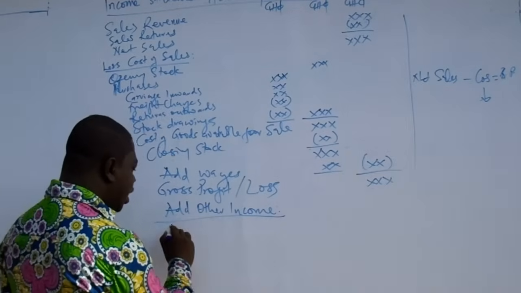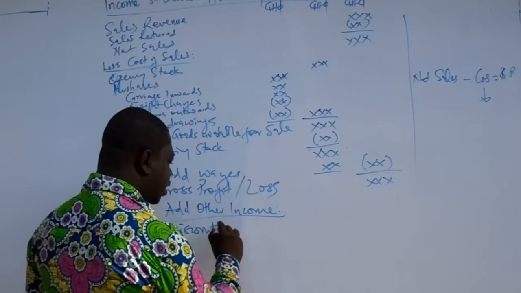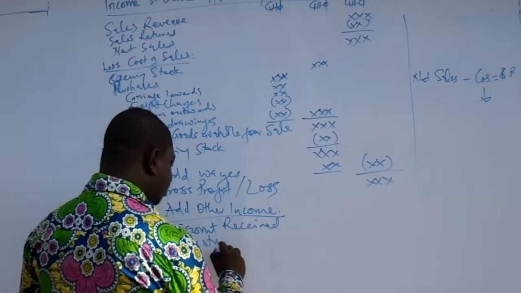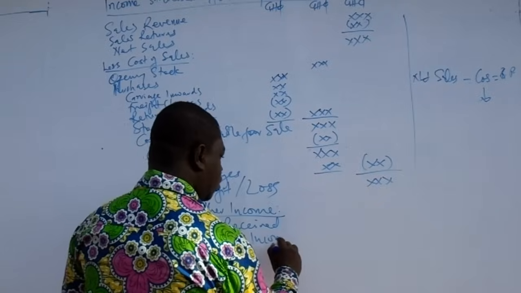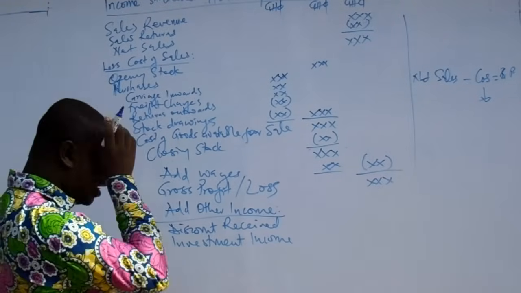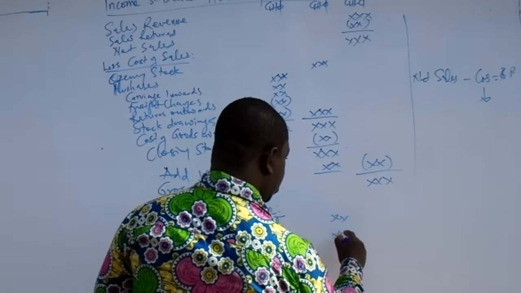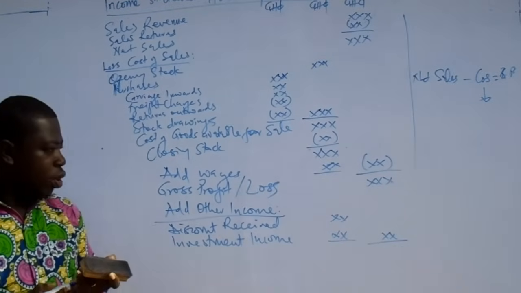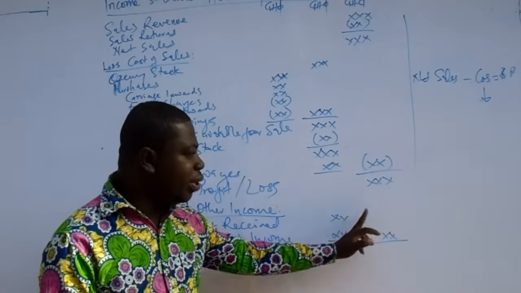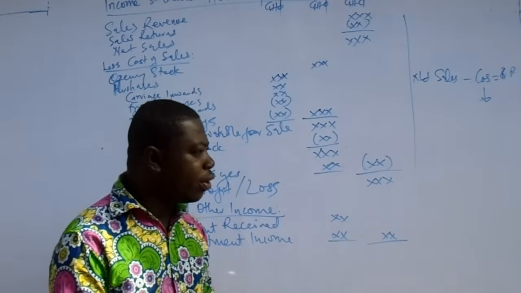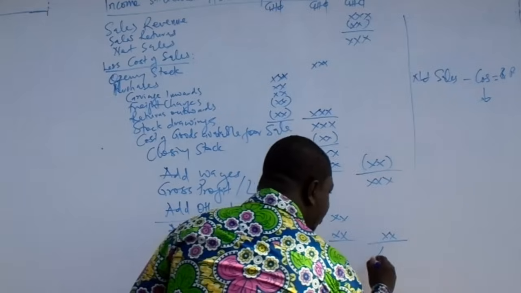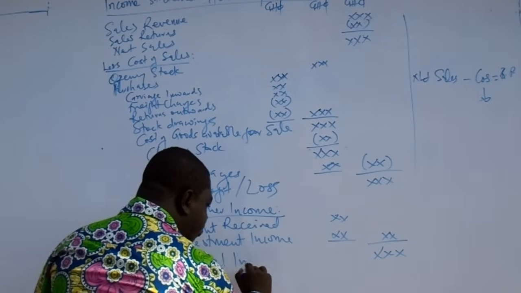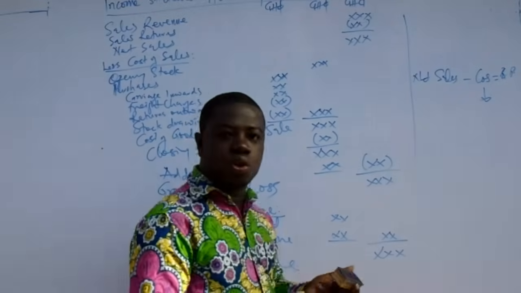So let's assume that we have just two incomes, discount received and investment income. In that case, we add that, and then we find the total. Your gross profit plus your other income gives you a total income. This is your total income.